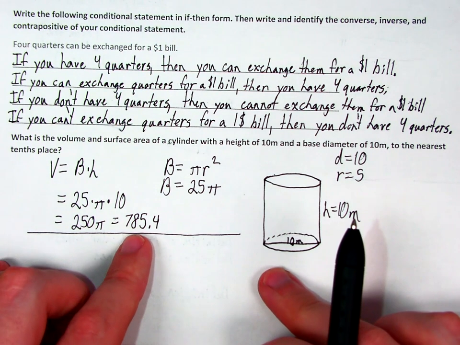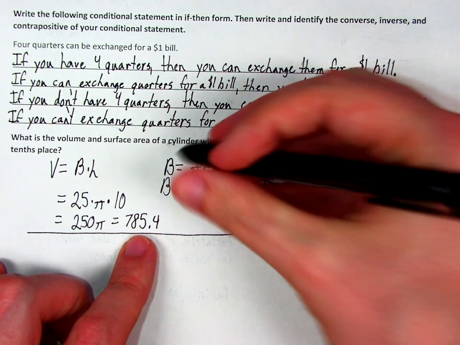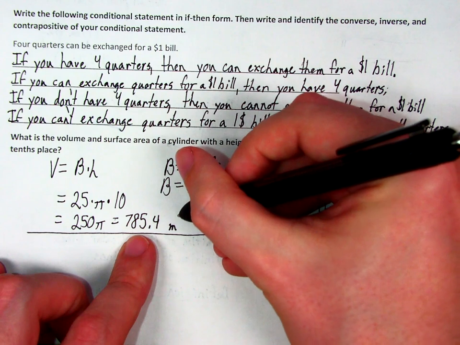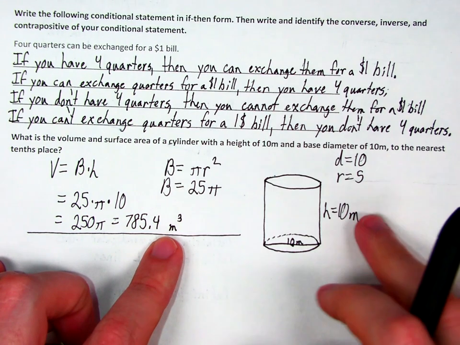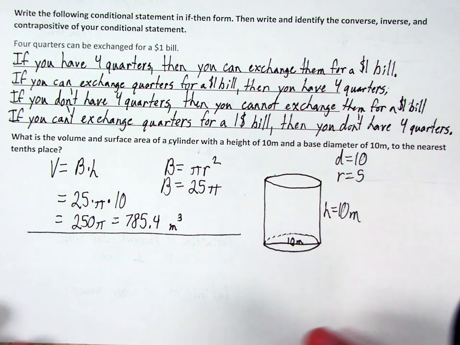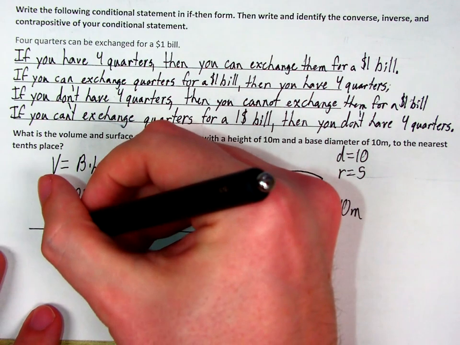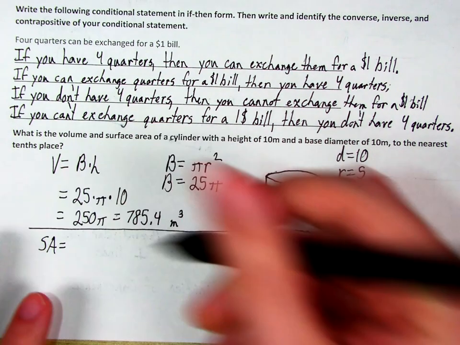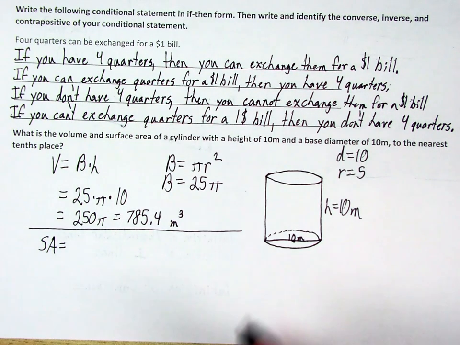So that'd be 785.4 meters cubed, because we're dealing with meters as our measurement. To find our surface area, again, go to your reference sheet.